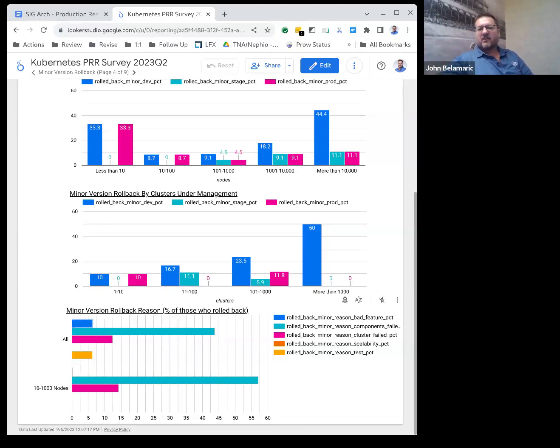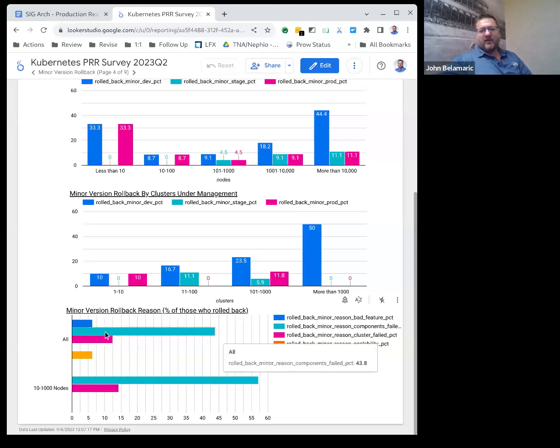The vast majority of the reason was that some specific components failed, and that's why they rolled back the minor version. Then there's a little bit of complete cluster death, which is bad. This was the one Wojciech was saying last year we had none on, the cluster failure.